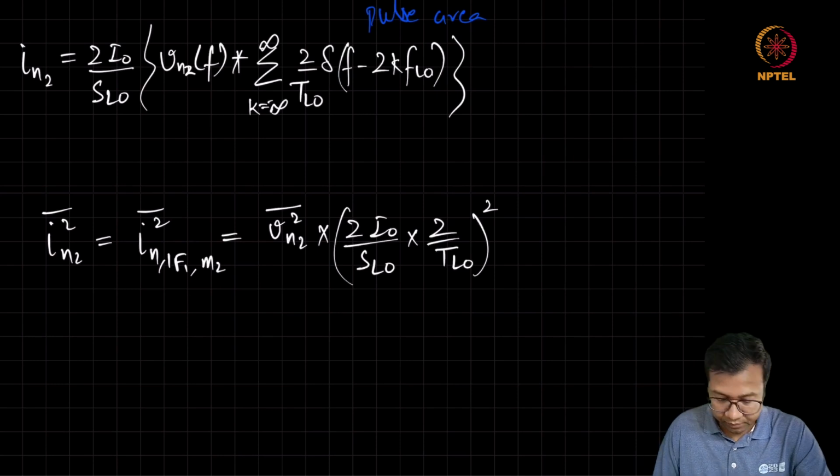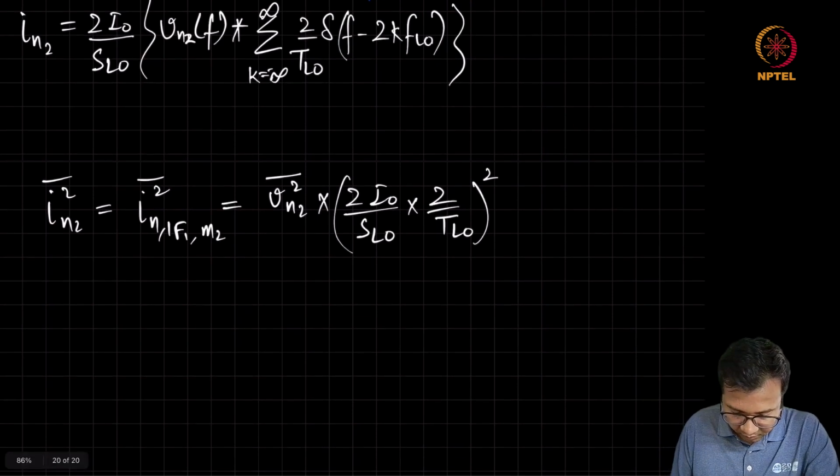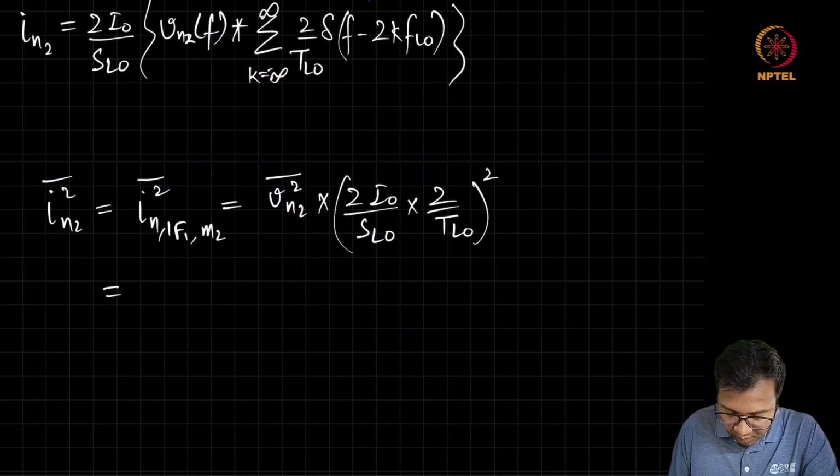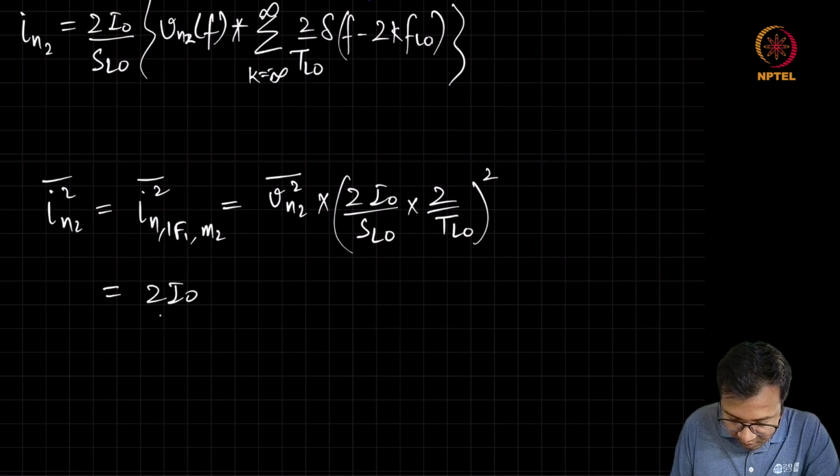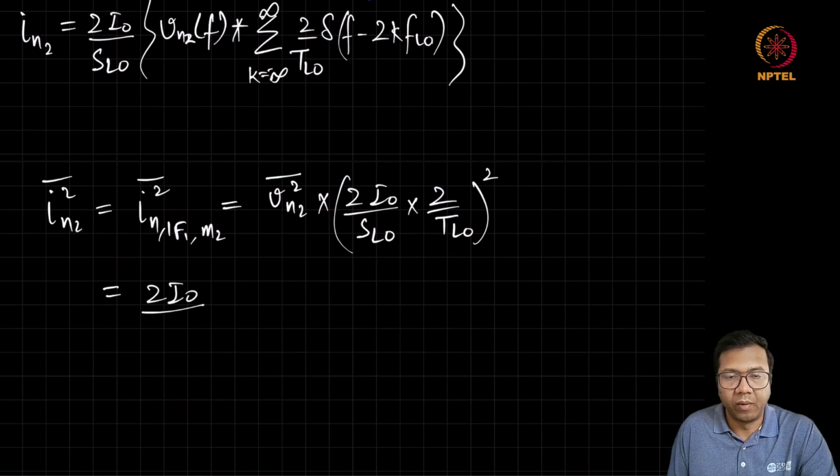Okay. So rewrite this as 2I0 by SLO, assuming VLO is a sinusoid waveform.